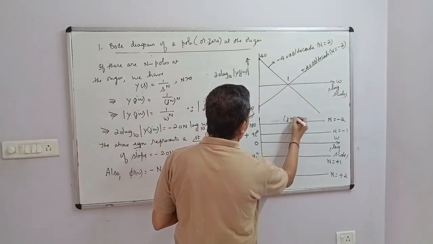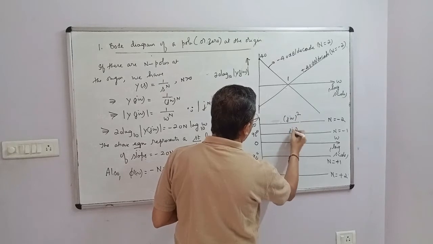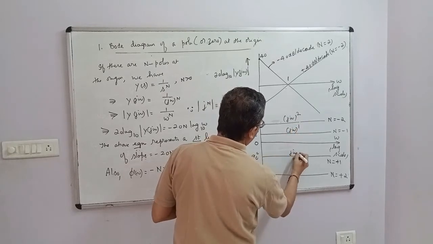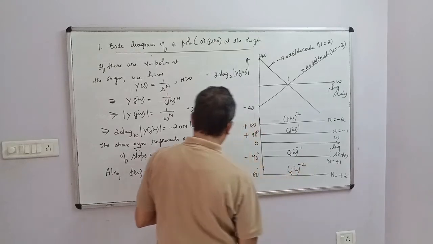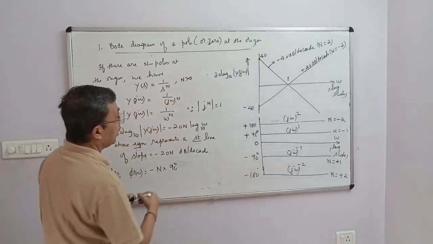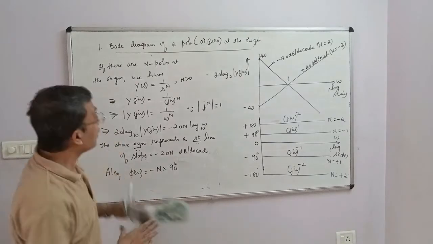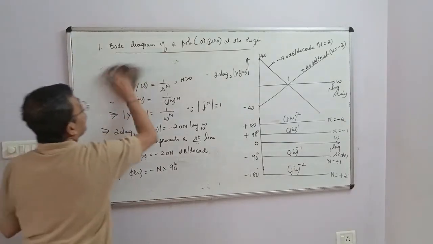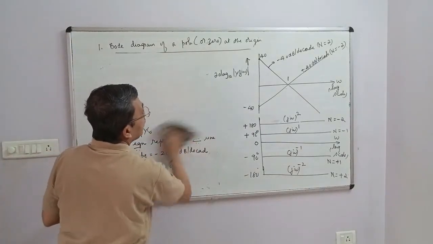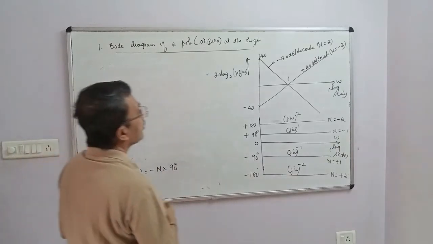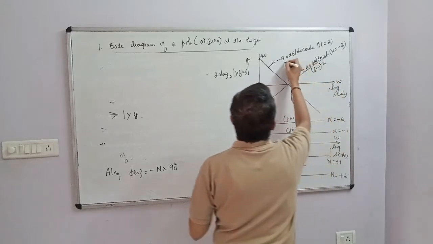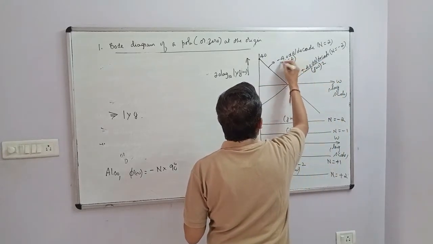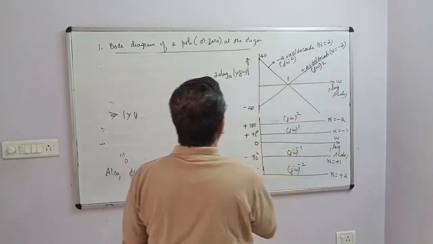This is for j omega square. This is for j omega to the power 1. This is for j omega to the power minus 1. This is for j omega to the power minus 2. This is for j omega to the power 2. This is for j omega to the power minus 2.